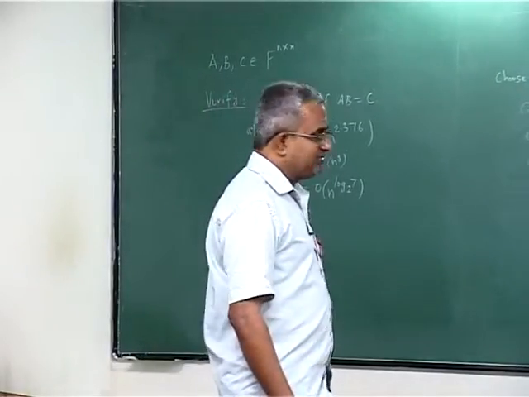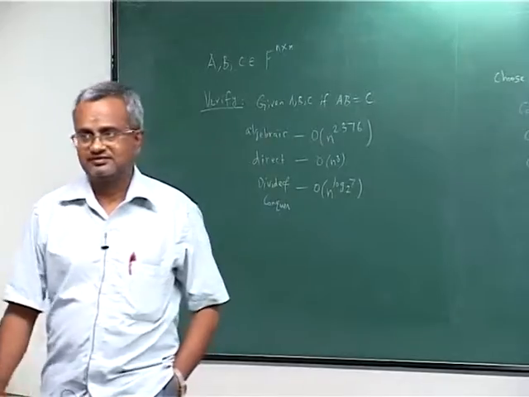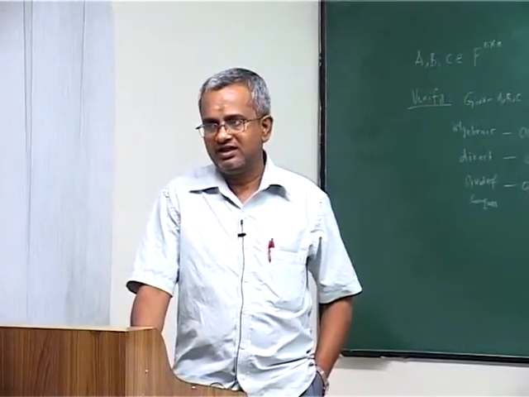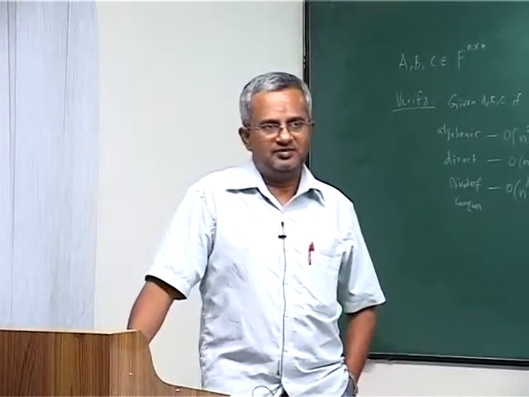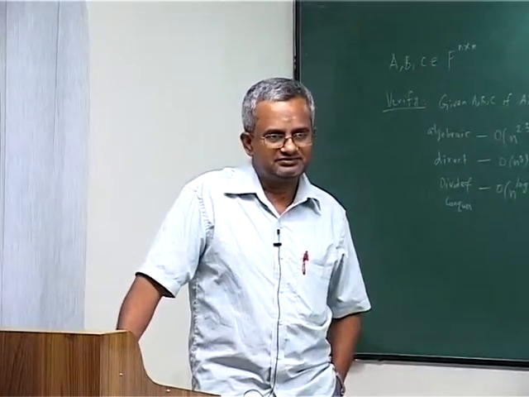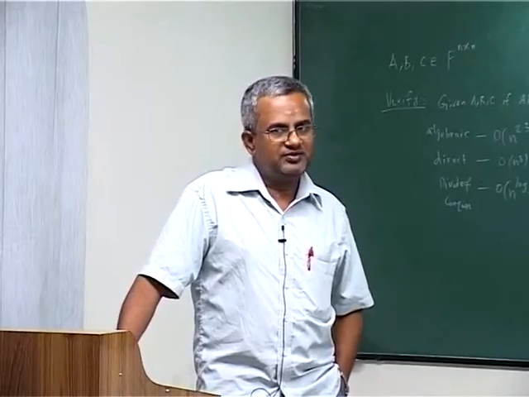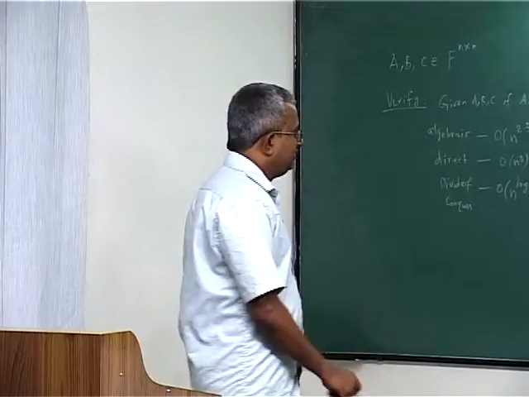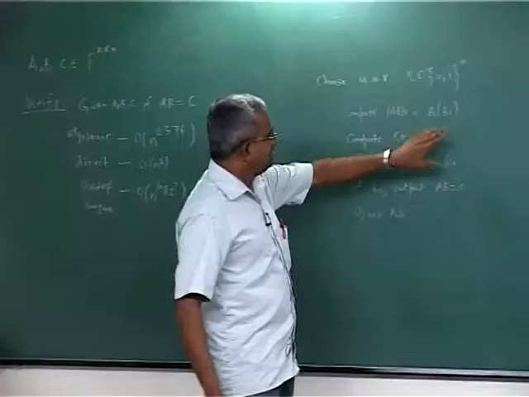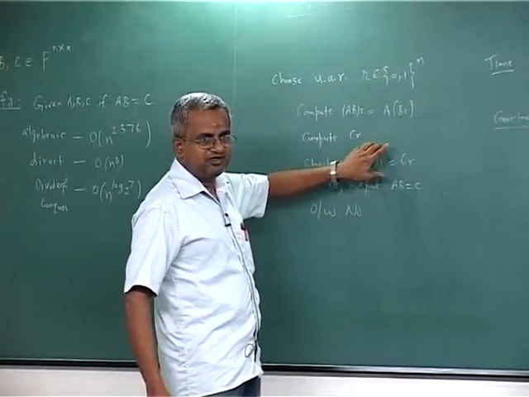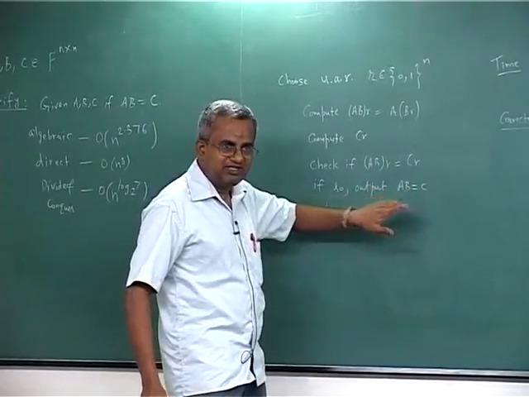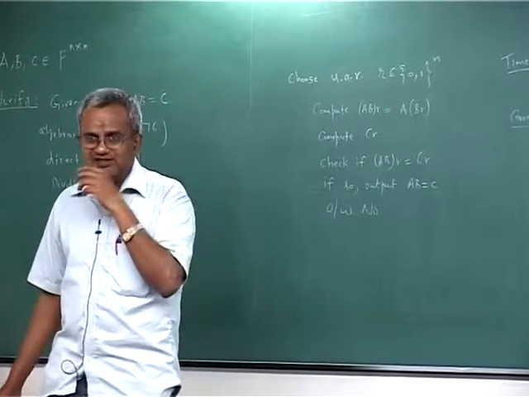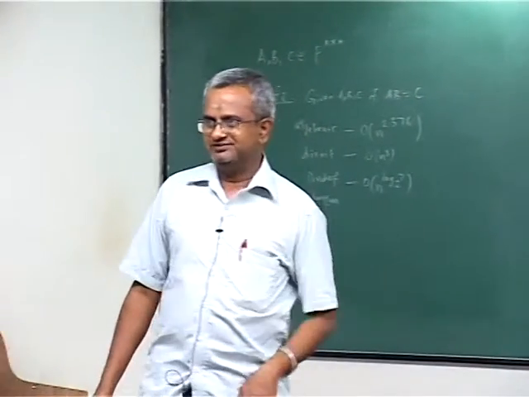What if R happens to be the 0 vector? Because you are choosing a 0-1 vector uniformly at random, R could turn out to be the 0 vector, and then DR will turn out to be 0 as well, and you will output yes, even though the correct answer should be no. But that happens with very low probability.